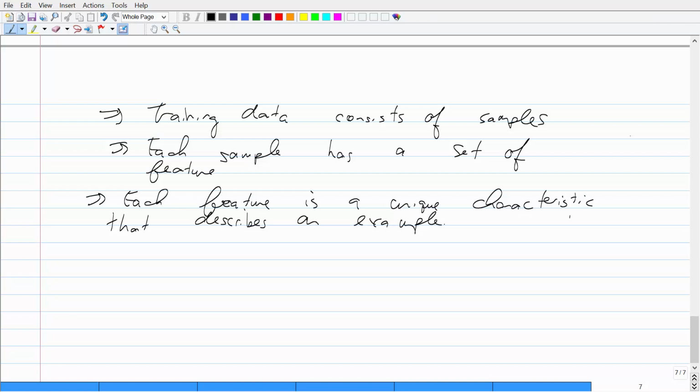Okay, so you have a set of inputs and then you also have an expected output or expected label for each data sample that you have. Okay, so the output value or the output label is the right answer given the features.